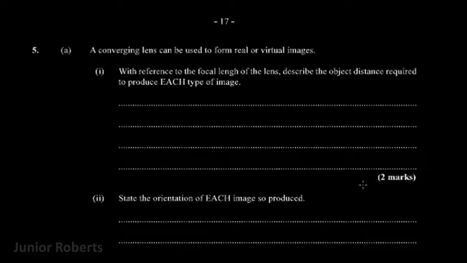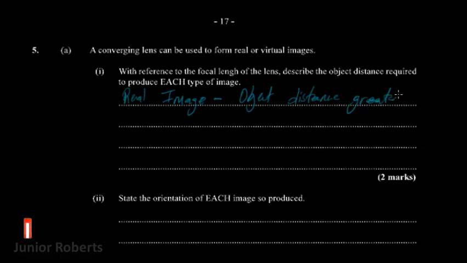For a real image to be formed from a convergent lens, the object distance must be greater than the focal length. So we're going to write: object distance must be greater than focal length.